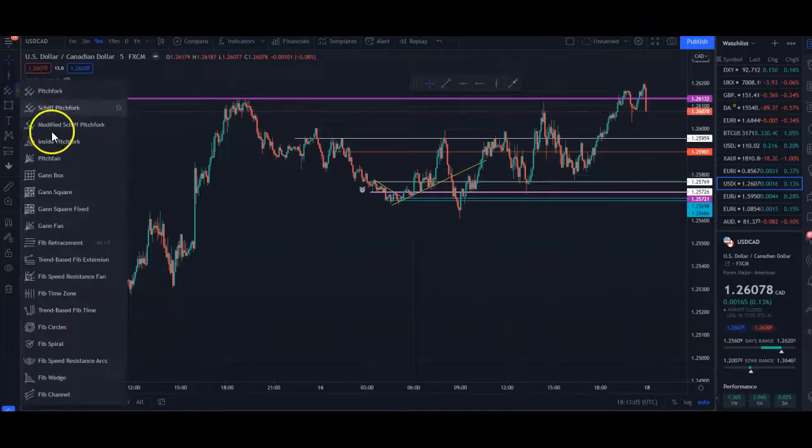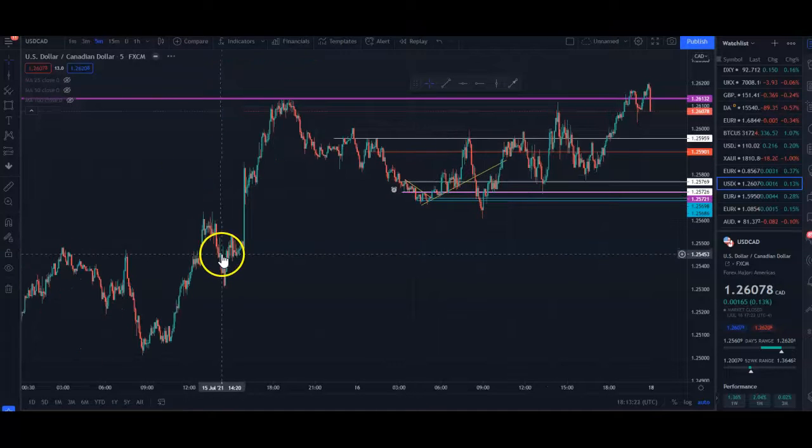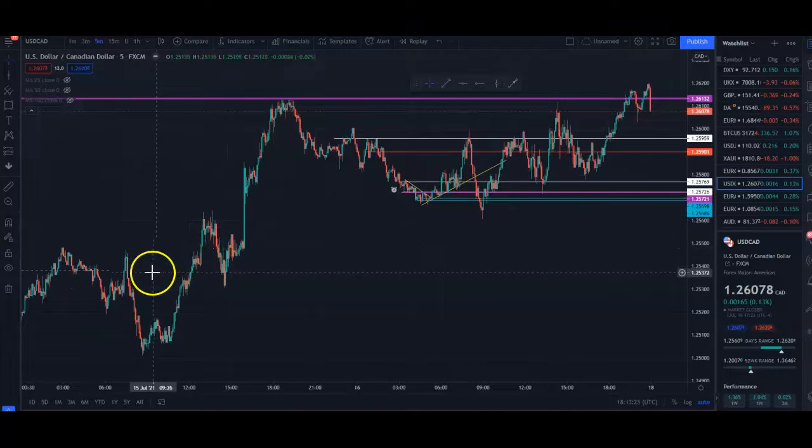Now here are some other tools that you can use. The Fibonacci retracement is right here. And guys, in future videos, I'm going to go in more depth on some of these indicators and tools. But for this video, I wanted to keep it simple, the simplicity of market structure and marking up your charts that way.